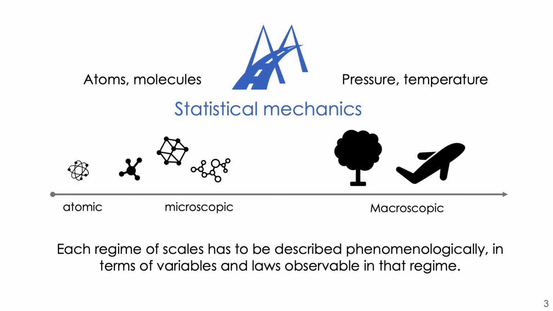As we said, each regime of scales has to be described phenomenologically in terms of variables and laws that are observable in that regime. And we use statistical methods to describe how our molecules behave.